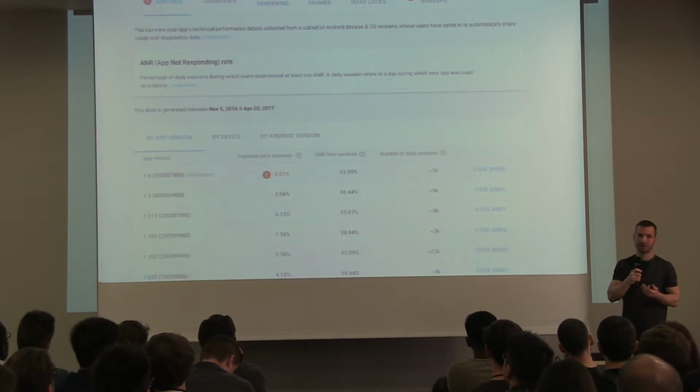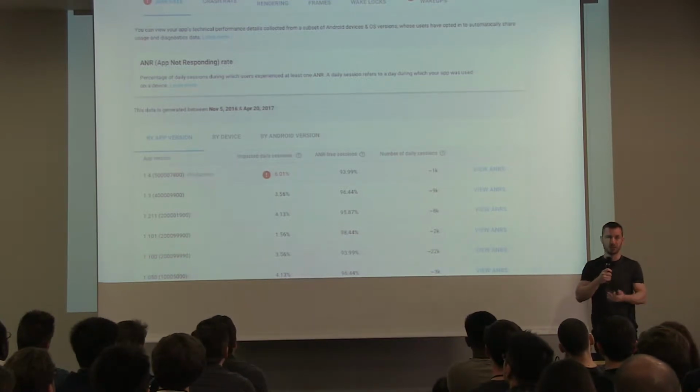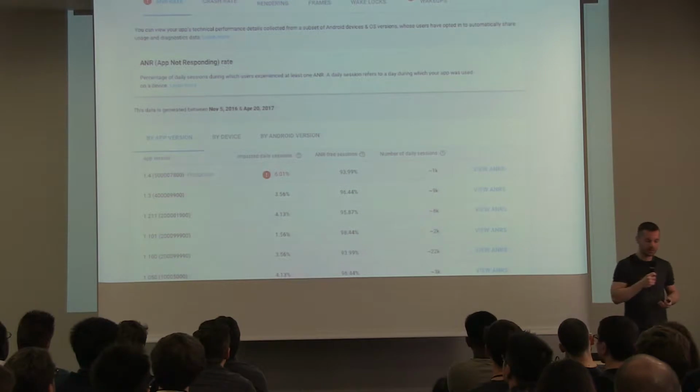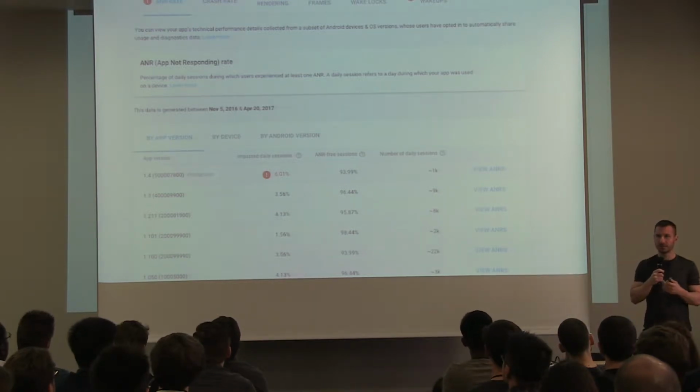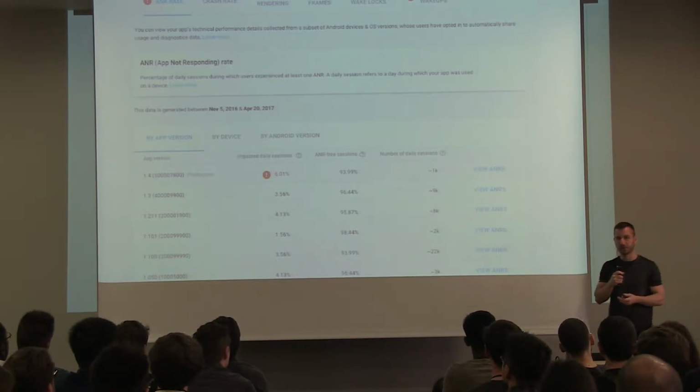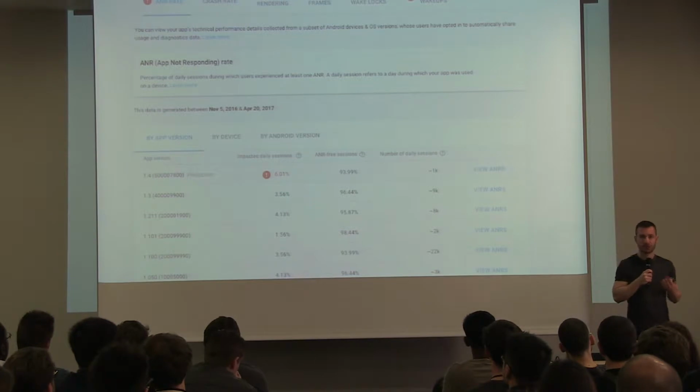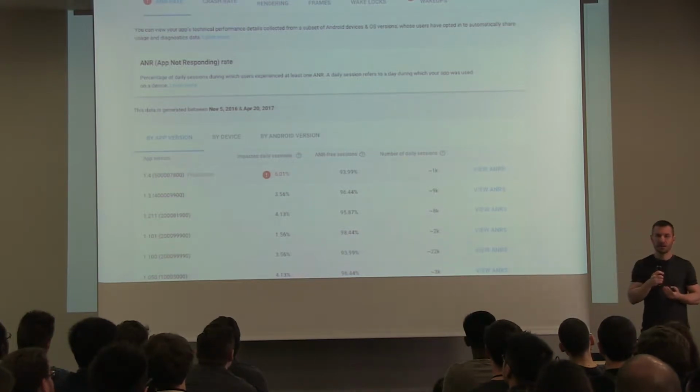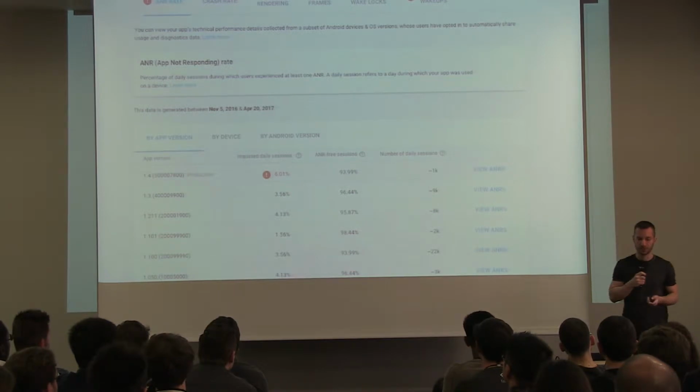So if your app has just a few hundred users, maybe it's very new, just released on the Play Store, and maybe there's very few users on the same device versions of the same manufacturers and so on, then we will not show those bad behaviors to you, those vitals, because then it would be too easy to infer which user had those, and we don't want that.